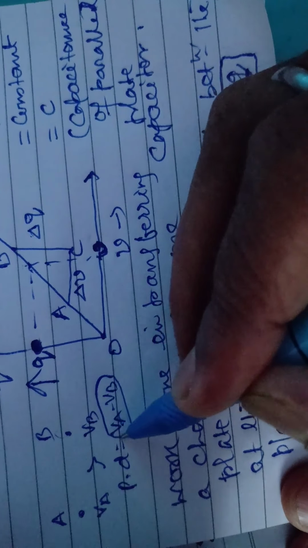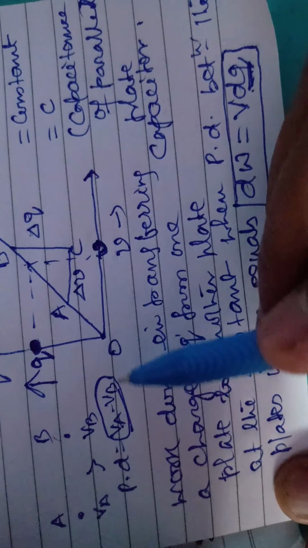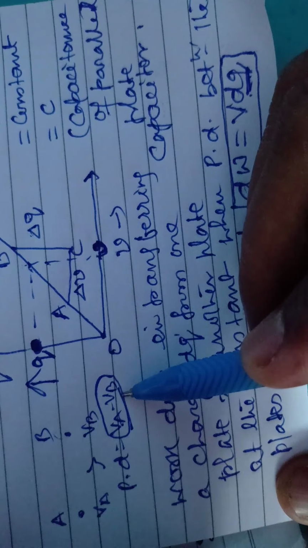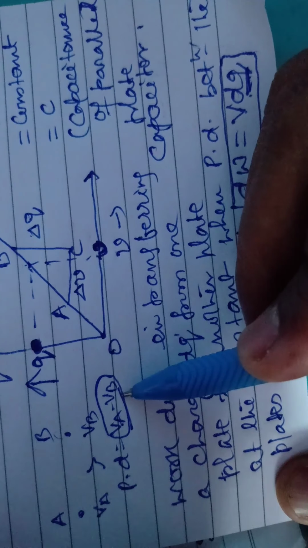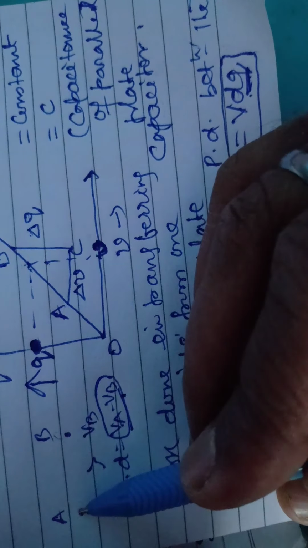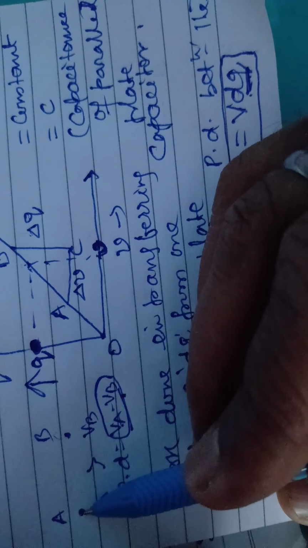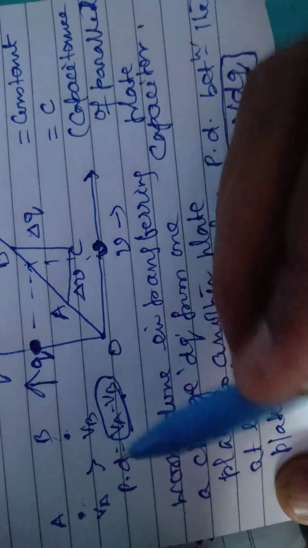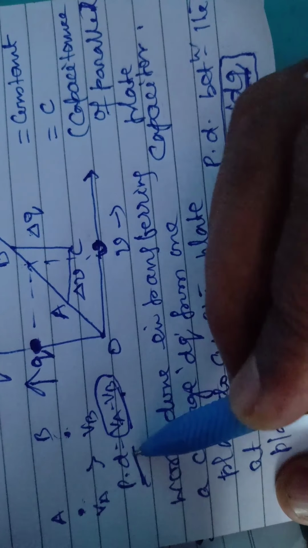This potential difference means work required to be done in transferring unit positive charge from VB to VA. This is the meaning of potential difference.